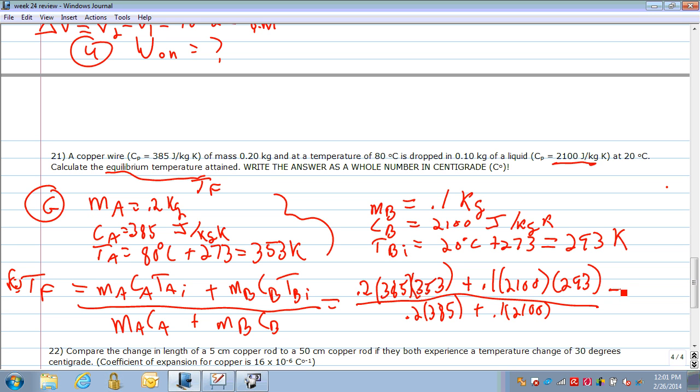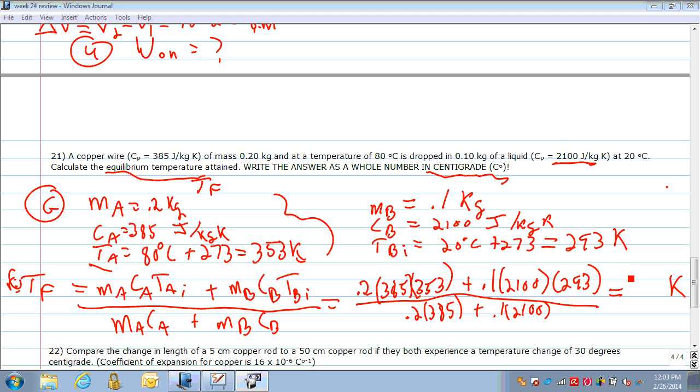When you get this, the answer will be in Kelvin. It will not be in degrees centigrade. And isn't that what it asked for? Remember, we had to change our temperature to Kelvin. So our answer is going to come out in Kelvin. And if you put that number in the grid, you're wrong.